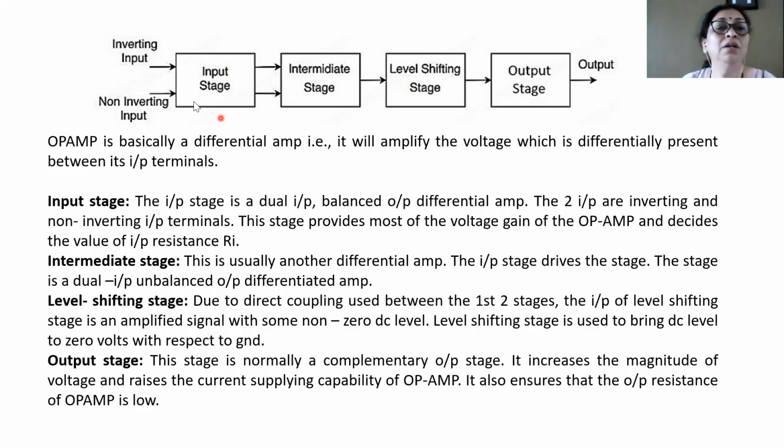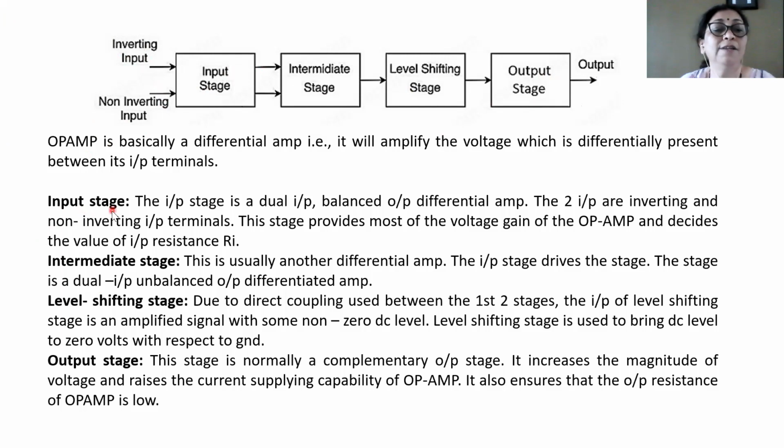So these are the 4 stages or blocks present in an operational amplifier circuit. Here you can see there are 2 inputs, 1 output, one inverting input, another non-inverting input, and a single output. Okay.